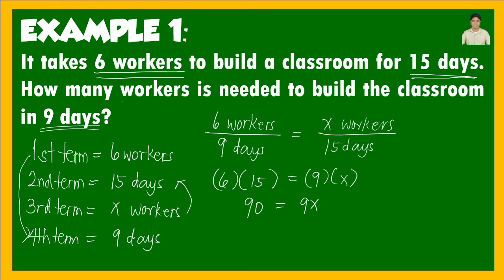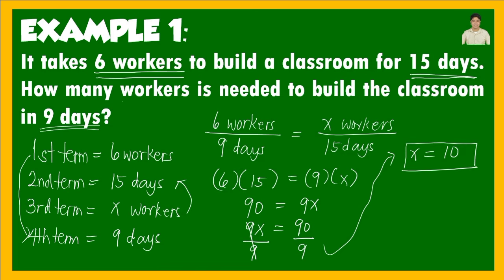And then, interchange natin yung position, magiging 9x equals 90. And then, divide natin both sides by 9. And then, makakancel po yung 9. And then, the value of x is 10. So, 90 divided by 9, the answer is 10. So, ibig sabihin, 10 workers ang kailangan para ma-build yung classroom in 9 days.